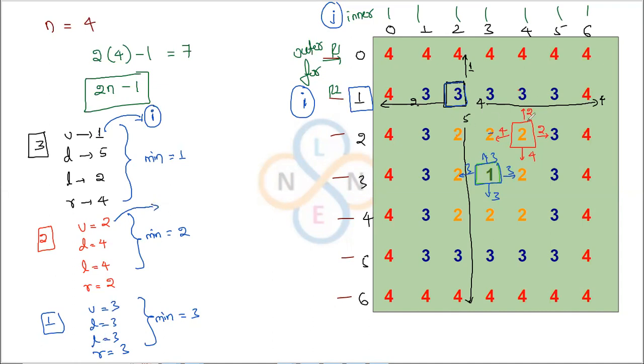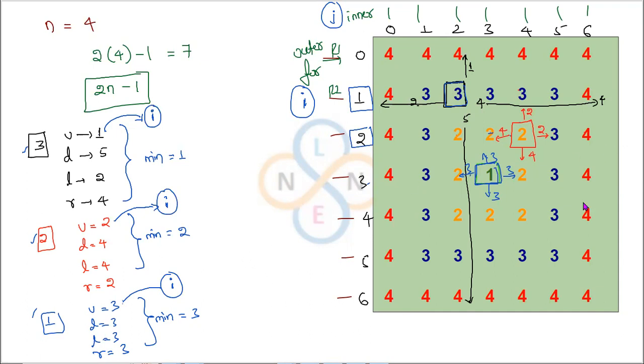So for this 2, upwards is represented by what? Again the corresponding row number only, 2. Again this i. And for this 1, what is this upwards? 3. 3 is represented by the corresponding row number. It means for every value of 3, 2, 1, the upwards value is represented by i only, which is common for all, right?